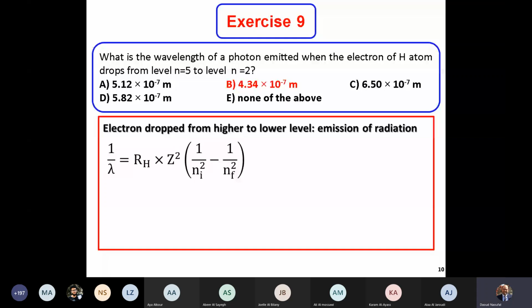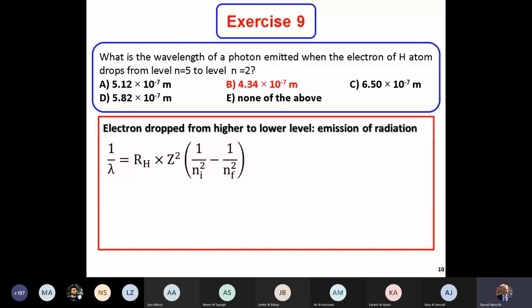So we can calculate delta E equal E5 minus E2. So we know delta E. Then we apply delta E equal hc over lambda. Delta E is known, h is given, c is given.